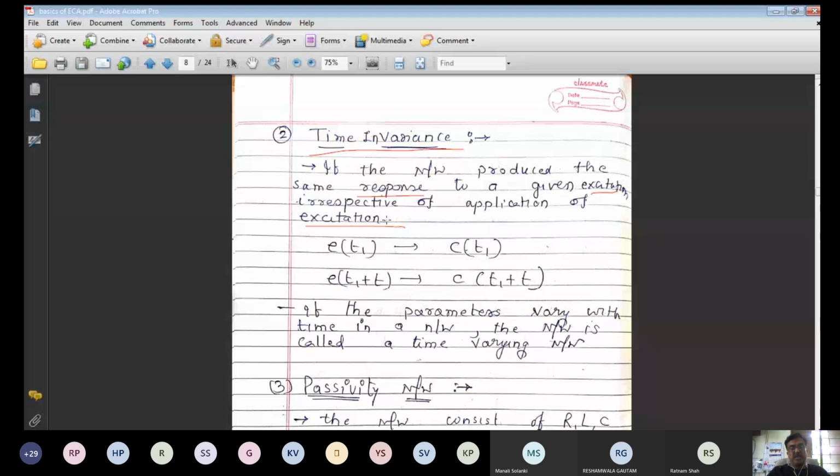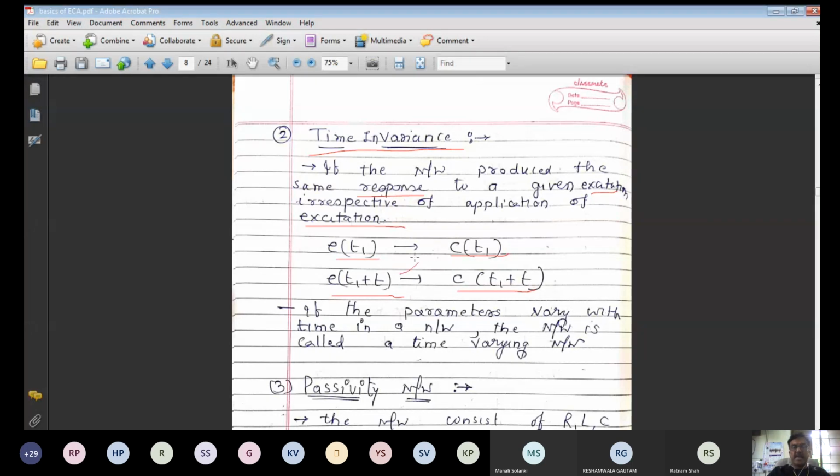At the time of application of the excitation, suppose I give e(t1) as the source, I get response c(t1). For time t1, I give the voltage and the response is c at time t1. Suppose I give time t1 plus t, it gives the response c(t1 plus t).